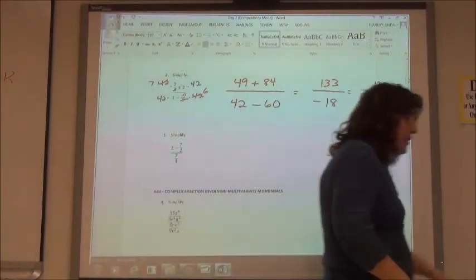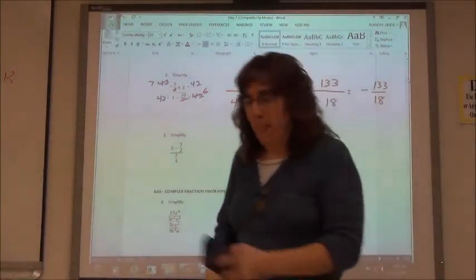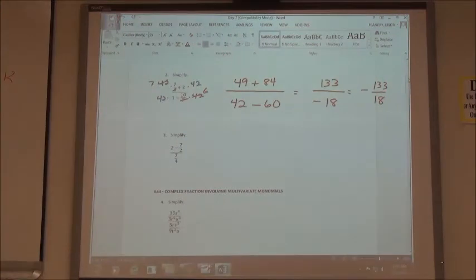Just for fun, let's check it with our calculator. Now the calculator probably will give you a mixed number first since we had an improper fraction and then we'll have to change it. But in parentheses, we're going to do 7/6 plus 2. Close my parenthesis, divided by, and then in parentheses, 1 minus 10 fraction sevenths.